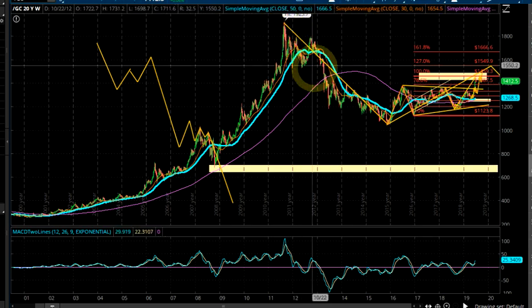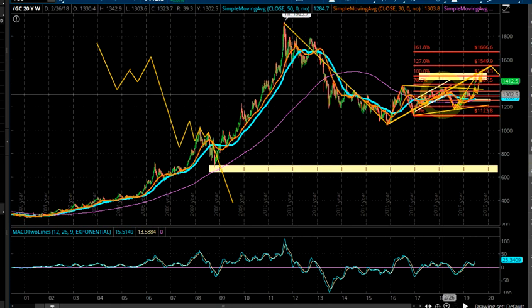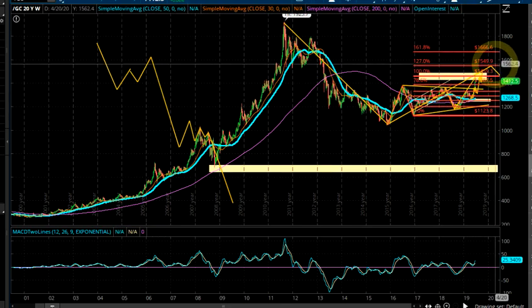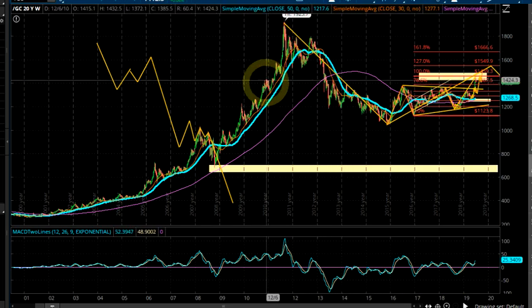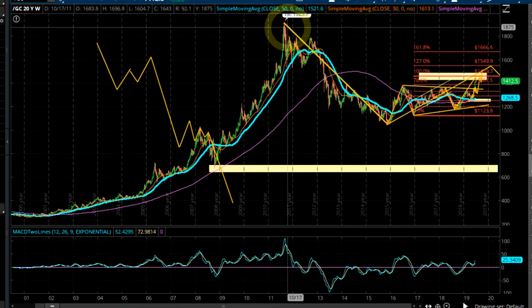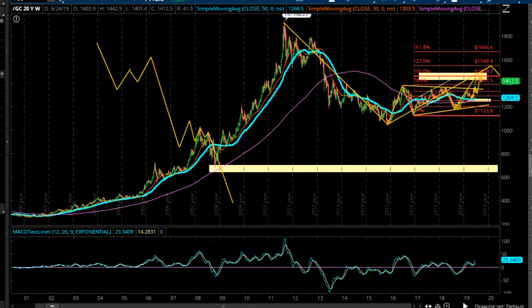If this was A, this is B, and then we're looking for a C. Corrective moves usually don't get an extended move. It's usually in an impulse move where you get an extension. You can see here's a wave 4, and this 5 is pretty long relative to the rest of this. So you can see that was extended quite a bit, and that's pretty common with commodities.